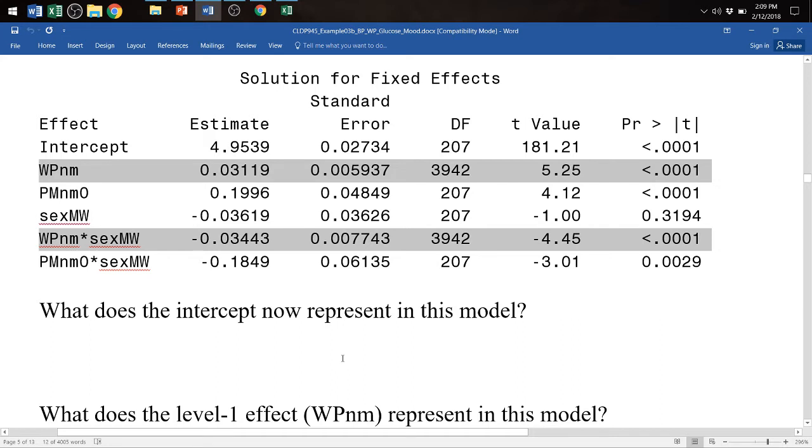What does the interaction tell us? Which pattern is this? The interaction makes that positive main effect what in women? Yeah, it's definitely less positive, and it's even heading slightly into negative territory. So the interaction tells us that the within-person negative mood effect that was positive in men is significantly less positive in women.